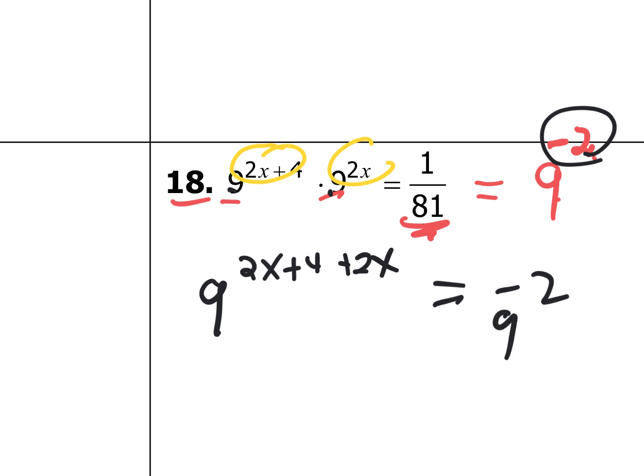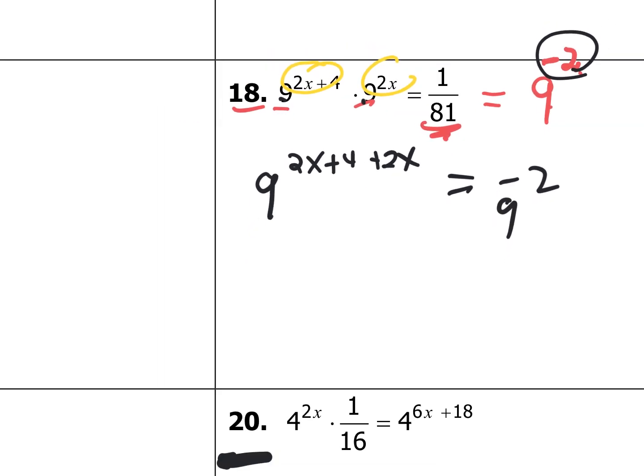9 to the -2, sorry. What is 2x's plus 2x's? 4. 4 what? X. Then I still have the 4. So now that I know I have the both 9s, all of this has to be equal to this.